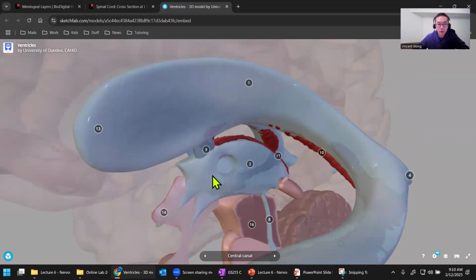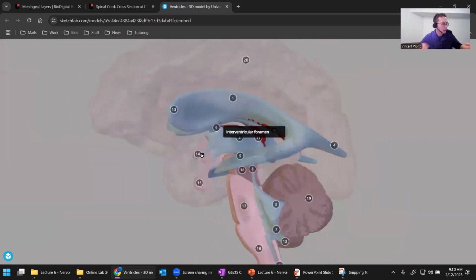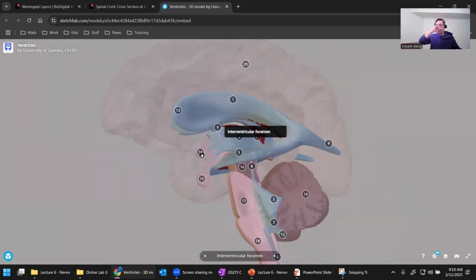It's going to go to the third ventricle. But to get there, you need to go through this little opening. Okay, an opening in the body is called a foramen. Okay, so this one is a foramen. It's a hole that connects the two ventricles. So we call that the interventricular foramen.